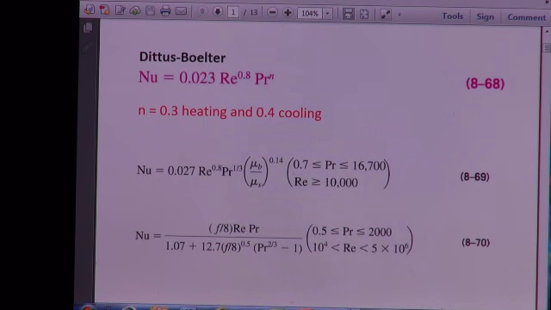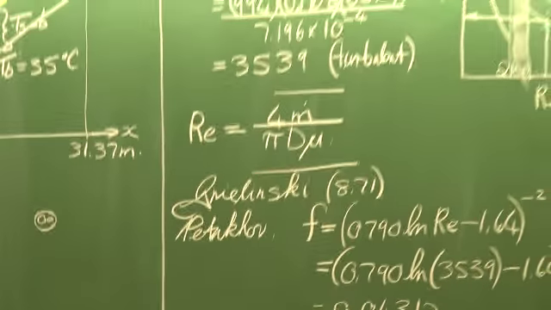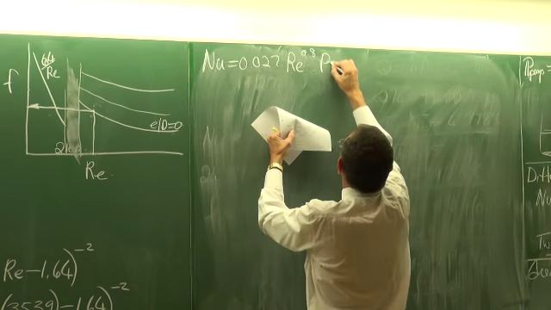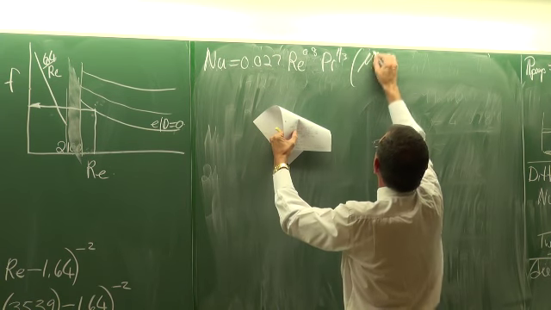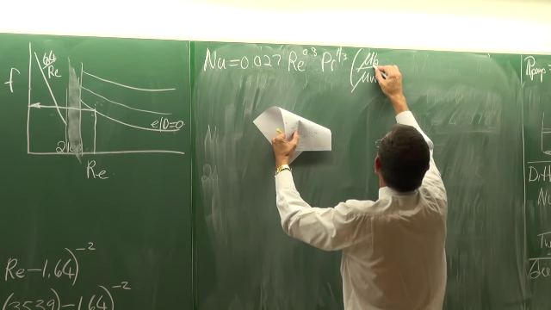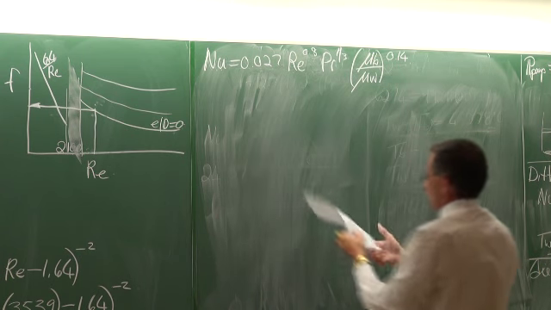Okay, and this equation says the Nusselt number is equal to 0.027 multiplied by Reynolds to the 0.8, Prandtl to the third, and now it has this ratio of the bulk viscosity divided by the wall viscosity to the 0.14.